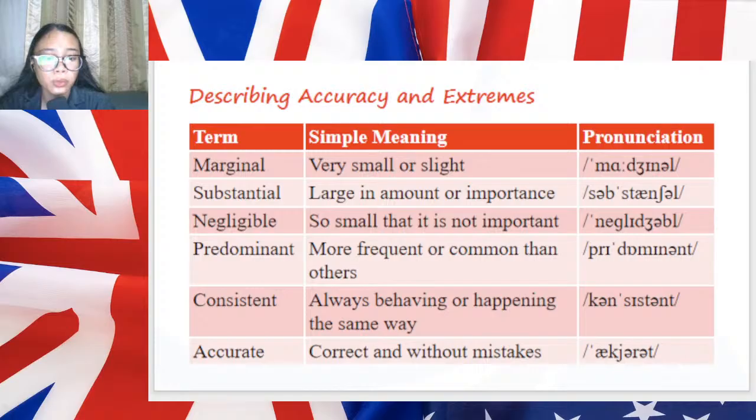So great work today. We've covered a lot from general trends to describing accuracy and extremes, which are more advanced phrases or words. So you've also practiced using the correct verb tenses and organizing your descriptions clearly. Now remember, in IELTS and TOEFL, it's not just what you say, it's how clearly and accurately you describe the data. The goal here is to help the listener or reader understand the trend quickly or logically.